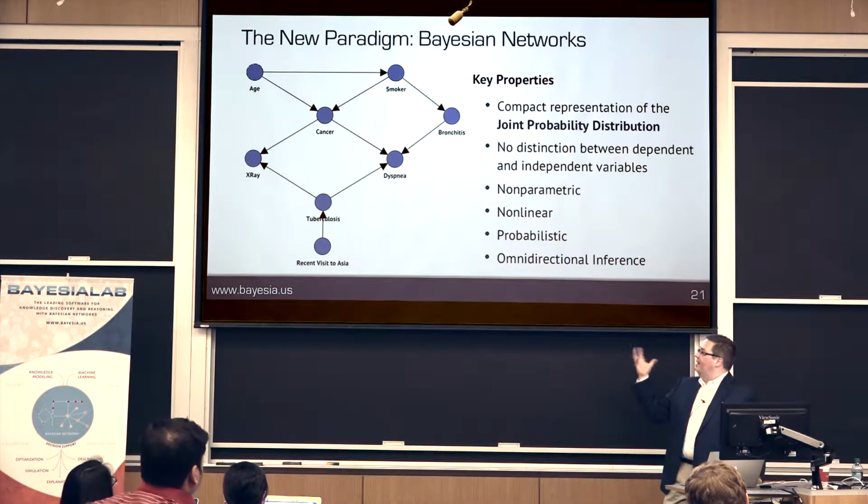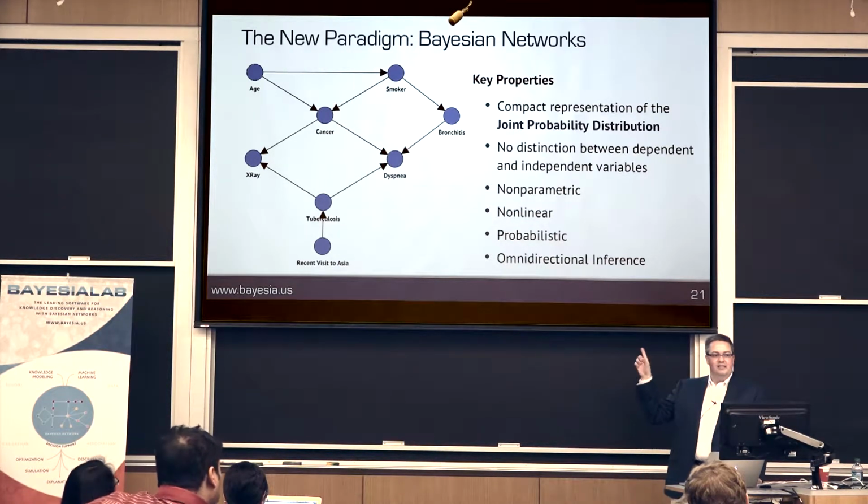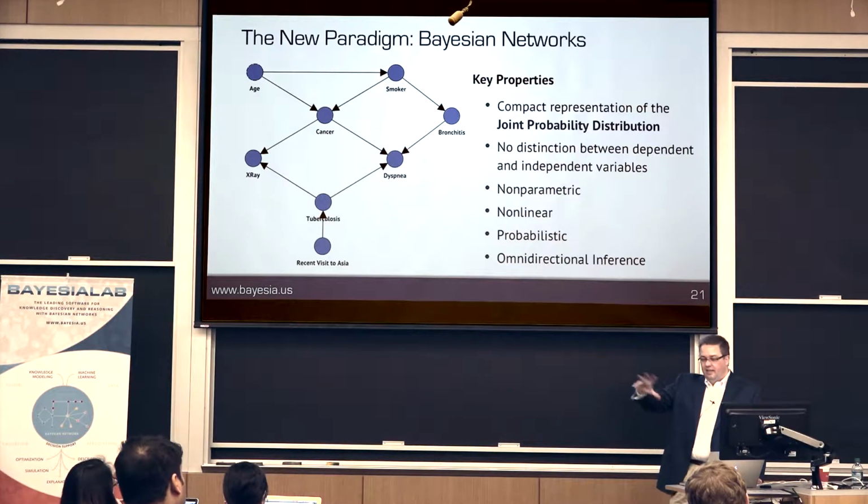So what is nice about a Bayesian network is that you can really capture the entire joint probability distribution of what you see in your patients in a single model.